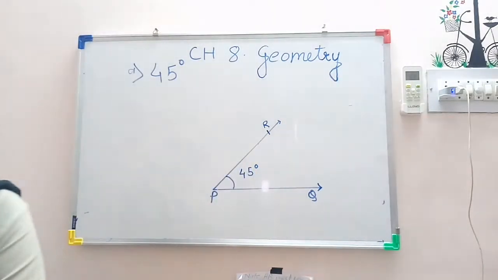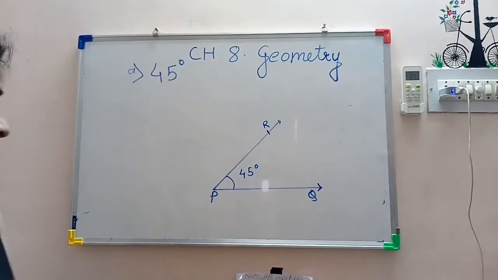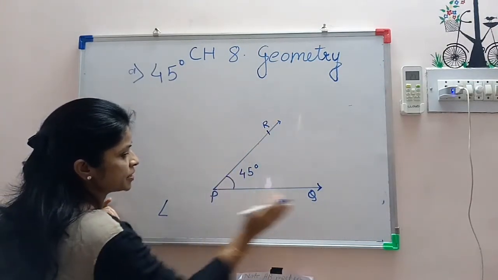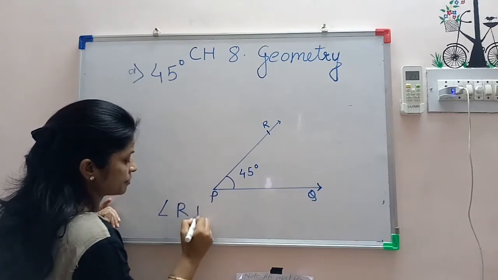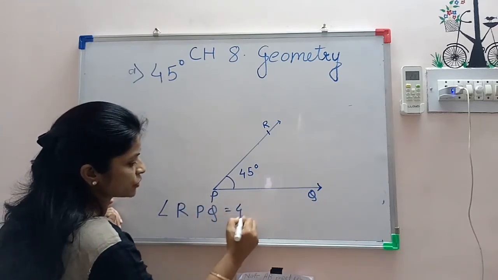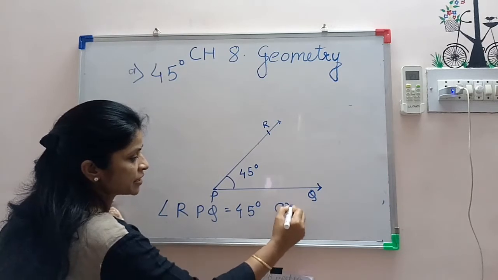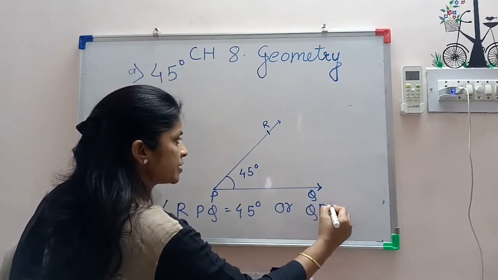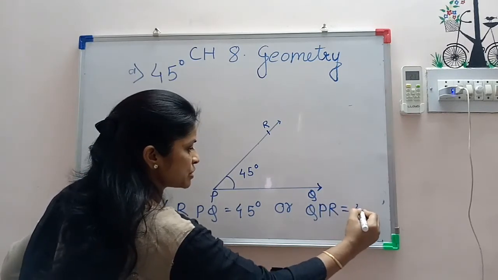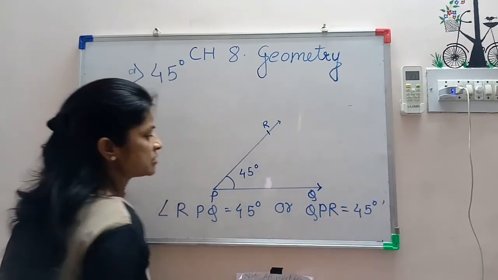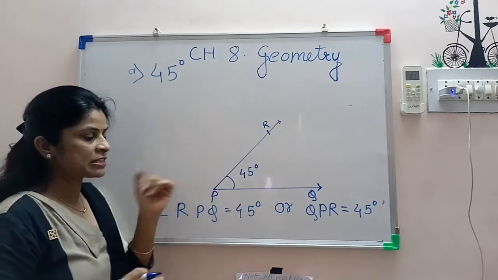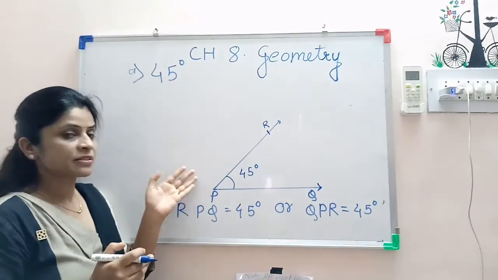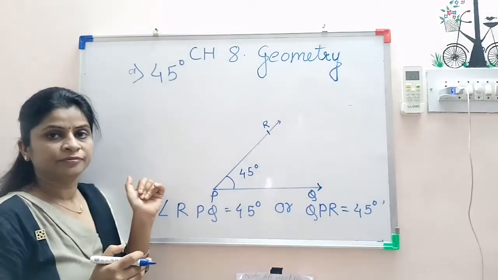Now we will name the angle in two ways, that angle PQ is equal to 45 degree, or you can name it as QPR is equal to 45 degree. Now students, can you tell me which type of angle it is? This is less than 90, means this is again an acute angle.